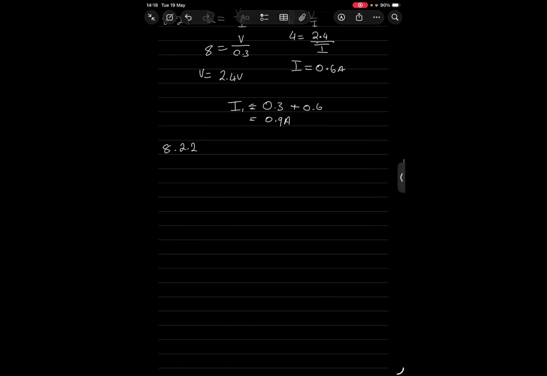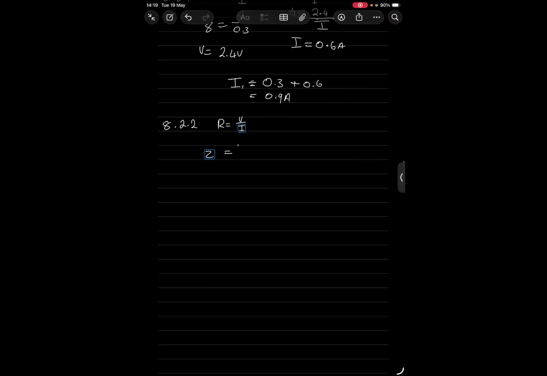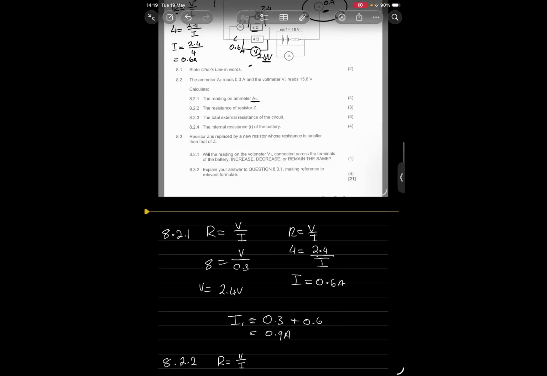You're going to say R equals V over I, and this is going to be Z, and V is how much? It's going to be 15.6 over 0.9. And what's going to be the answer? 17.33 ohms. So it's going to be 17.33 ohms.